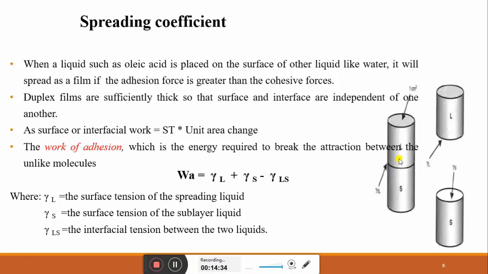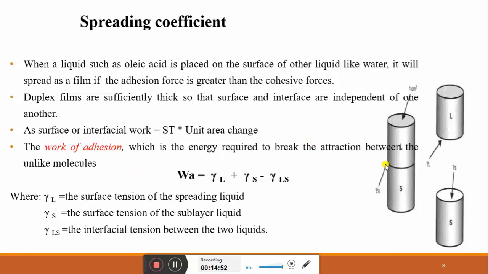If we want to separate this oleic acid layer again from the sublayer of the liquid, we need to apply work of adhesion, which is the energy required to break the attraction between two unlike molecules.